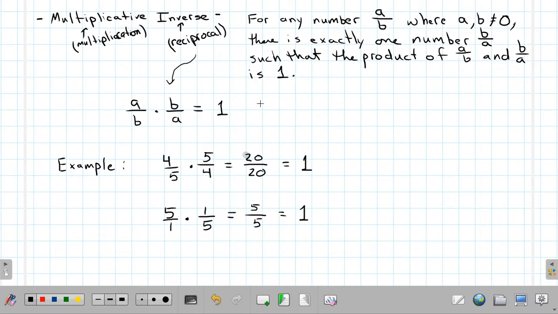Which will always give us a 1. But I do want to point out that you get the multiplicative identity out. What I mean by that is, when we looked at additive identity and additive inverse, the additive identity was 0, but when we did the additive inverse, we added two things together to get 0. The same thing happens here with multiplication.